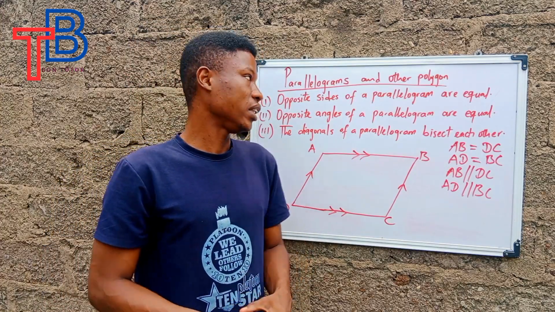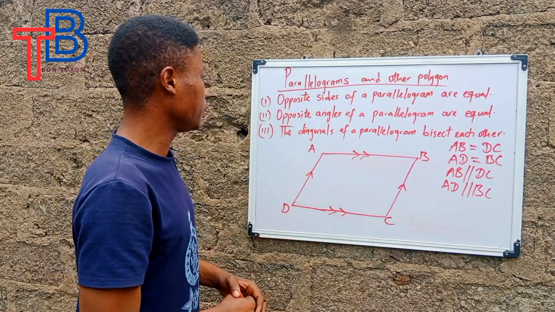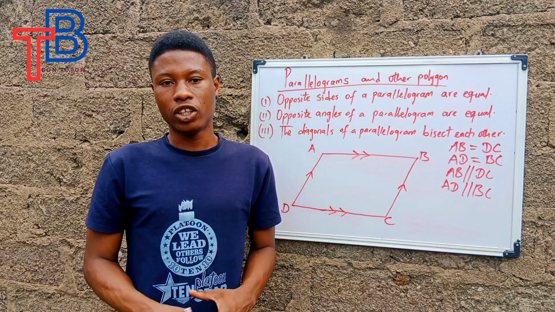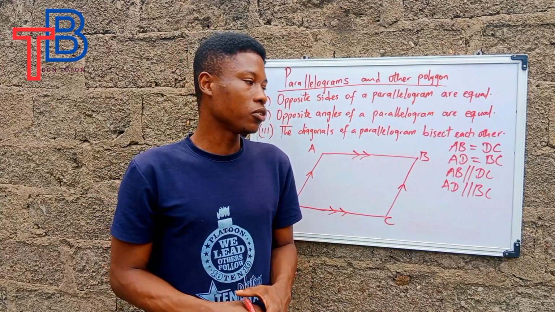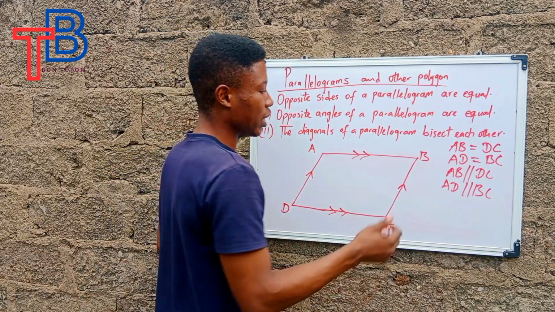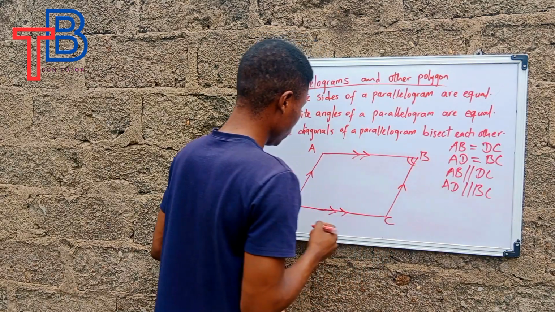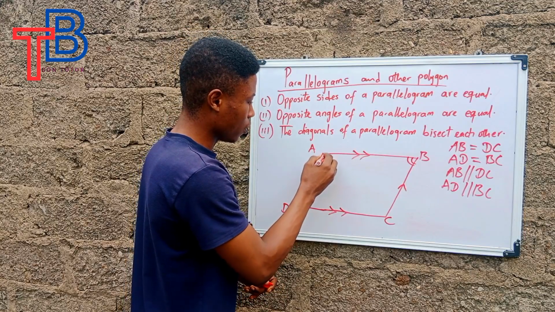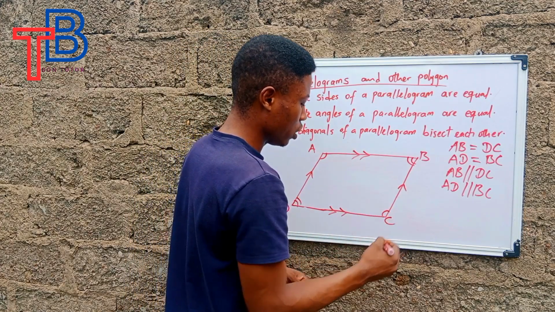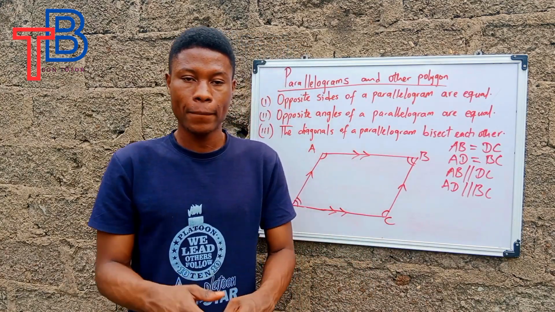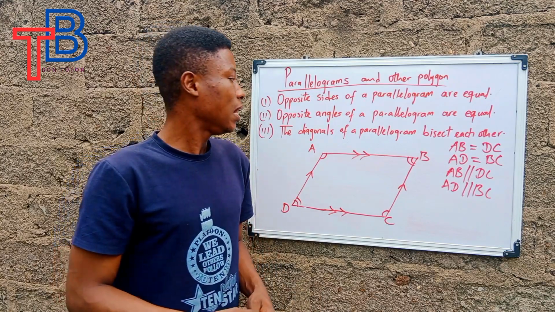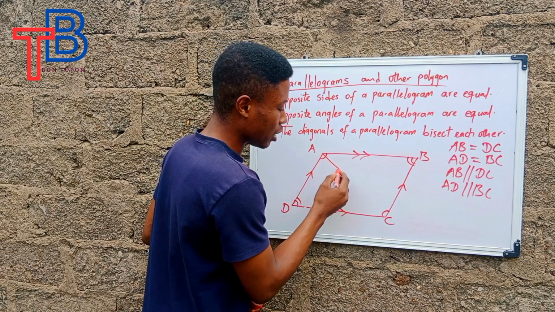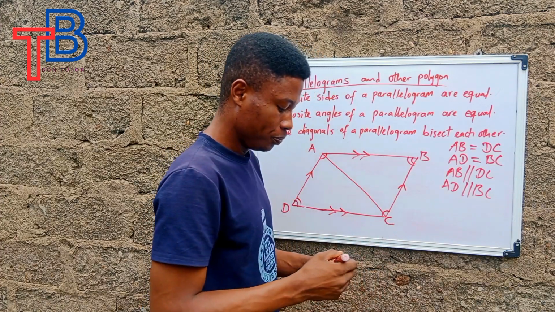And that takes us to the next theorem that says the opposite angles of a parallelogram are equal. The opposite angles of a parallelogram, we are telling you that the angle here is equal to the angle here, and also the angle here is equal to the angle here. Let's prove that. Let's assume we draw a line to bisect this line AC here.